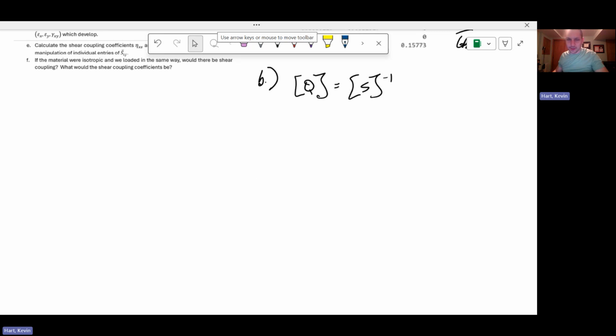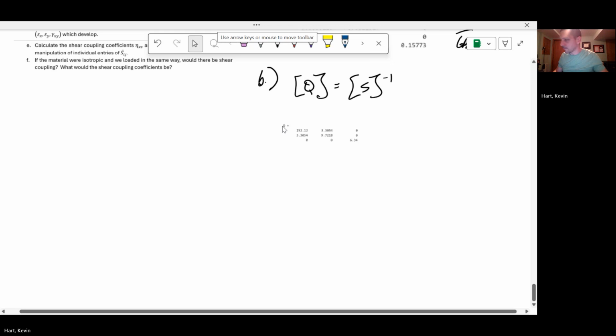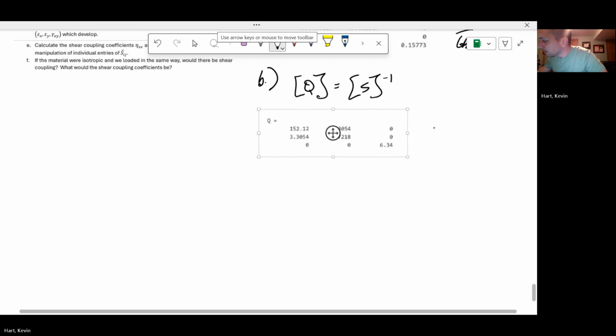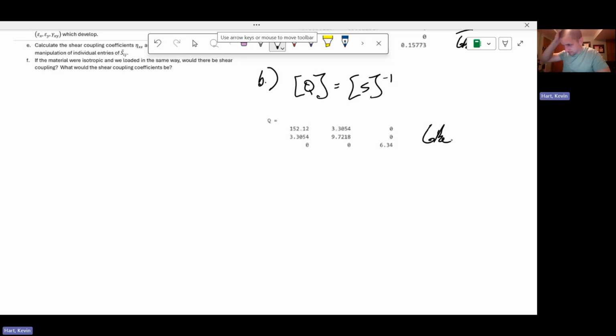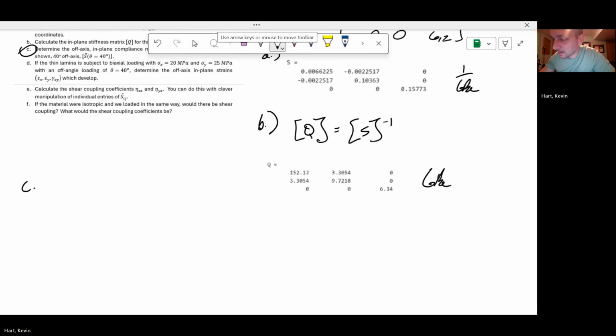But all right, no problem there. This is GPa. Okay, continuing on, part C, determine the off-axis in-plane compliance matrix for this material if loaded as shown 40 degrees off-axis. All right, so again, this is just a transformation. So we have the compliance matrix off-axis, for theta, a rotation angle of 40 degrees.